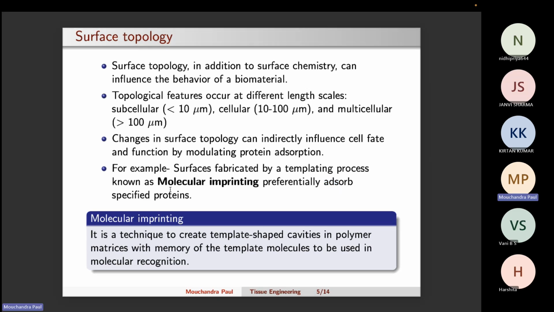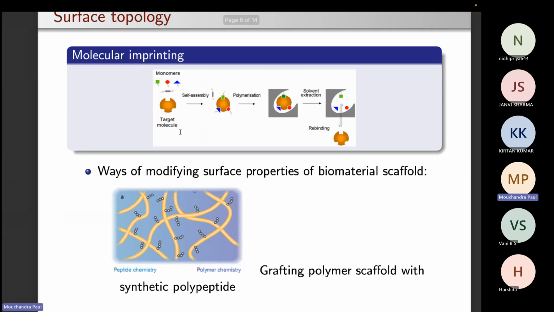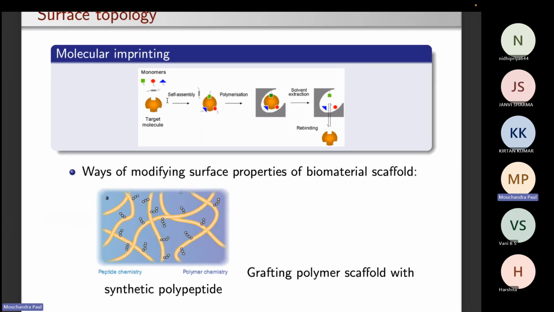So, what is this molecular imprinting technique? This diagram will help you understand it. Suppose this is your target protein molecule, and these are some polymer monomers. You allow these monomers to bind to this protein molecule at particular sites.